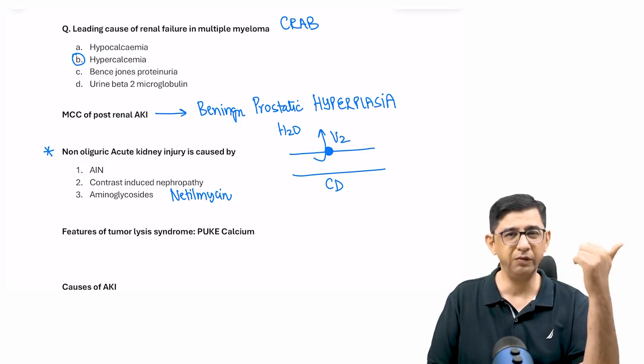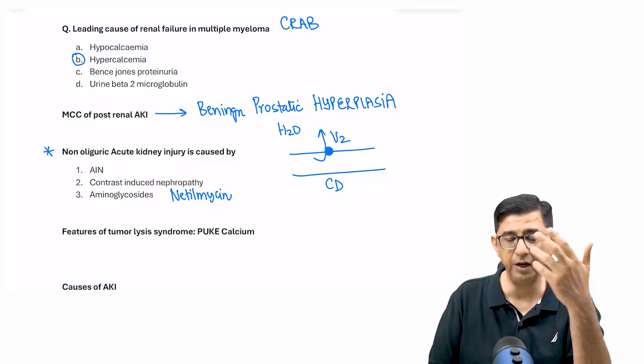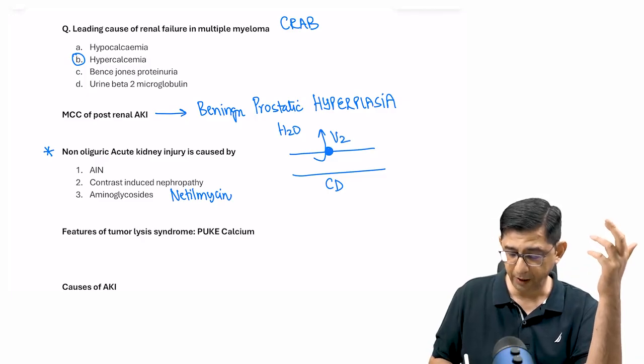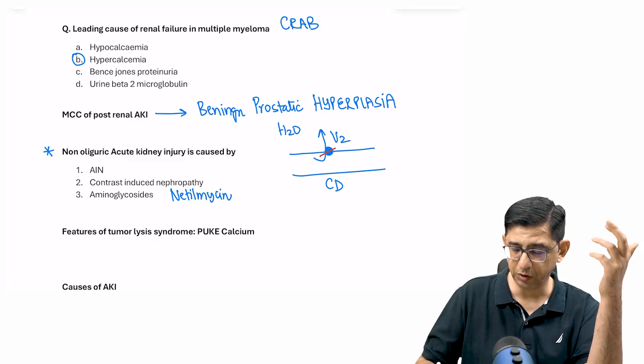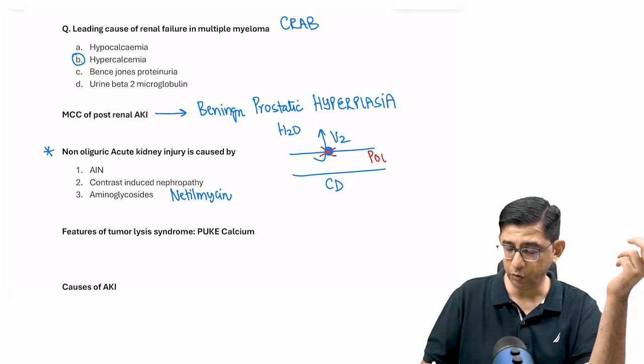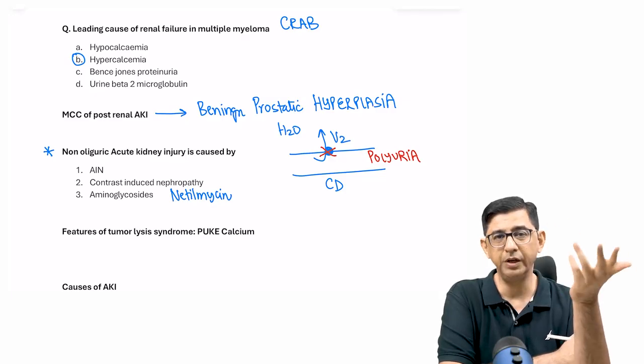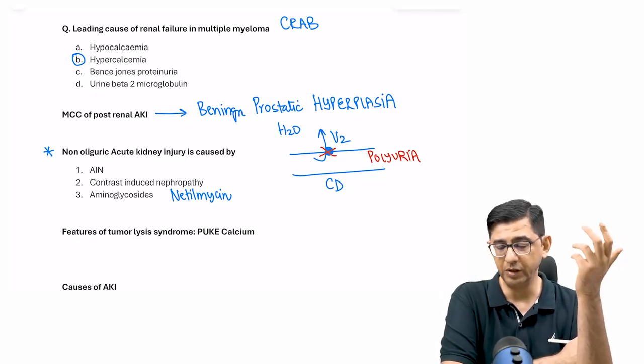In fact, kanamycin predominantly damages the ear. Netilmicin, for example, could cause significant damage to the V2 area. Because V2 will be damaged, water will not be absorbed, and instead of oliguria, though the parenchyma of the kidney is getting damaged by the antibiotic, there is polyuria.